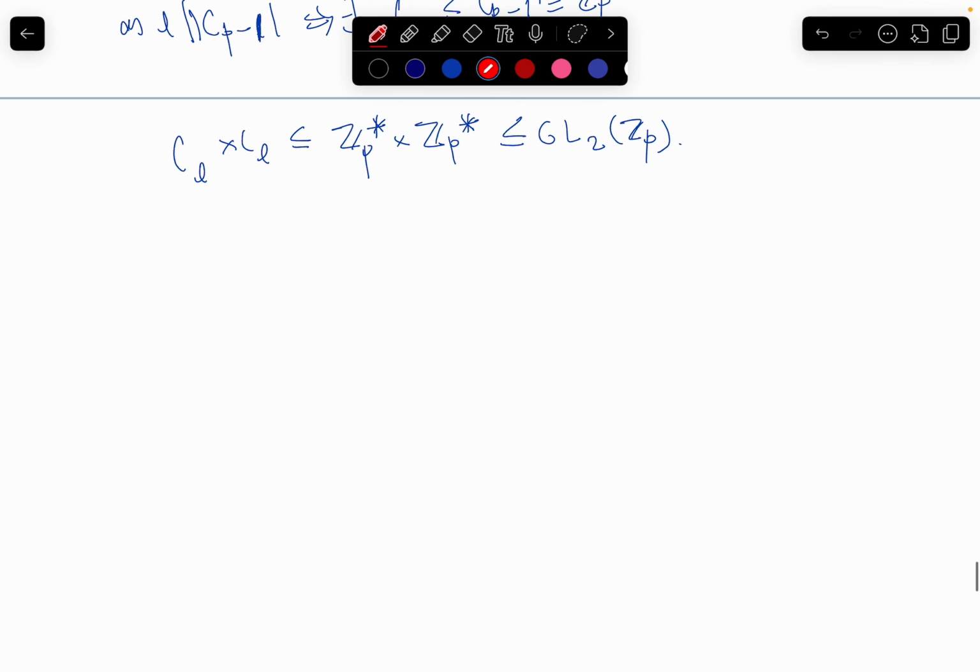Because the map phi sending (a, b) to the diagonal matrix with entries a and b is an injective homomorphism, which is easy to check.